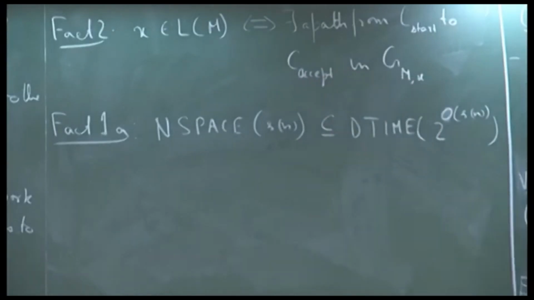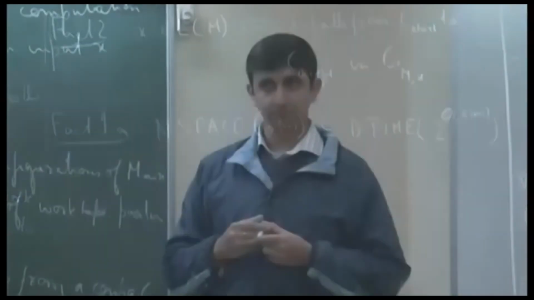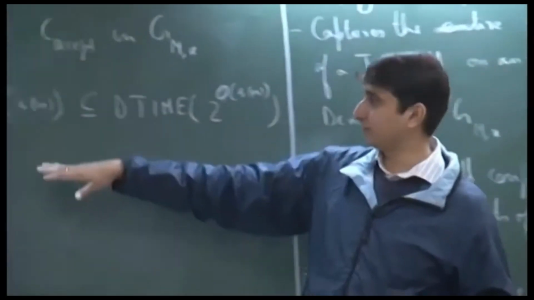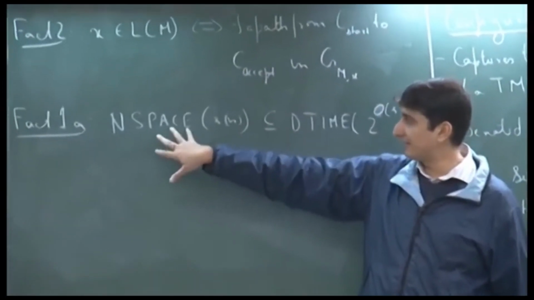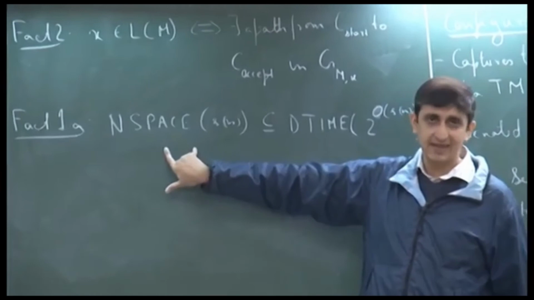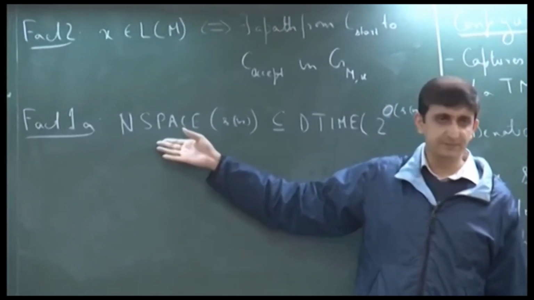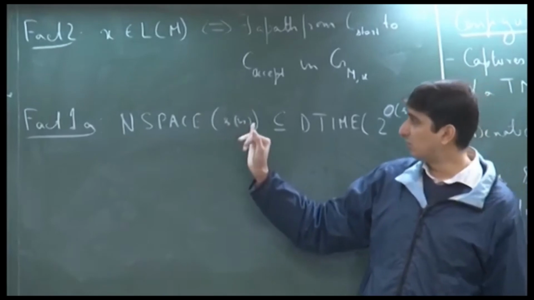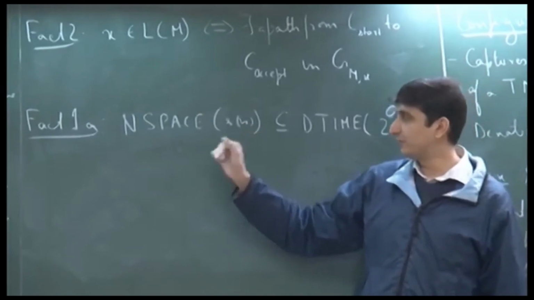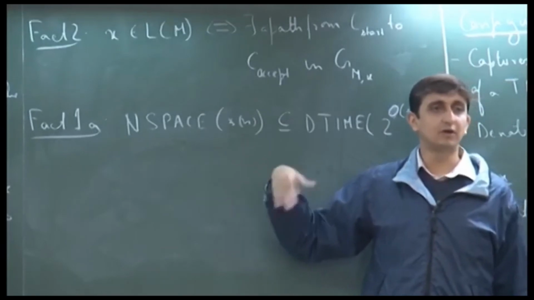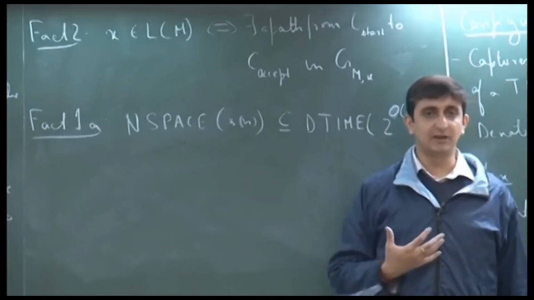So, why do you think this containment is true, or how do you prove this? Think in terms of the graph. Suppose you have a language L in this class. It means that there is some non-deterministic machine M which is using space order s of n to decide L. What would be the size of the configuration graph of that machine on any input?